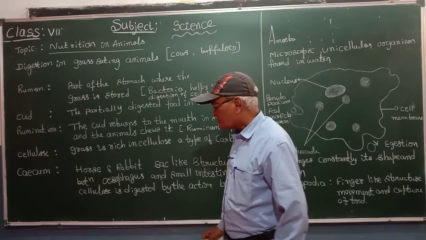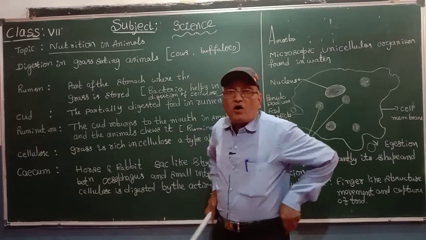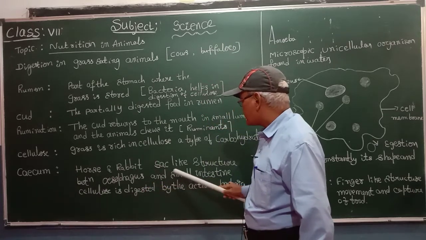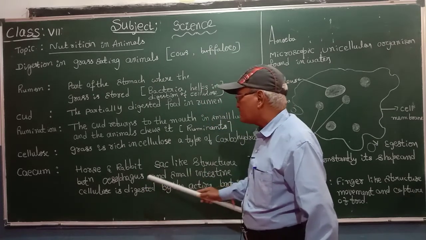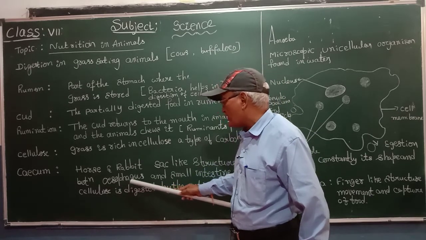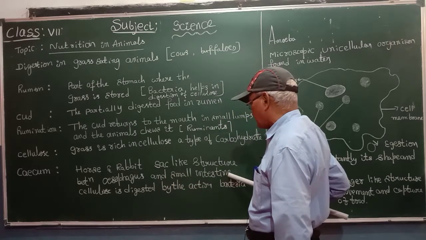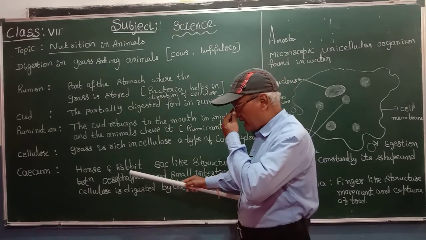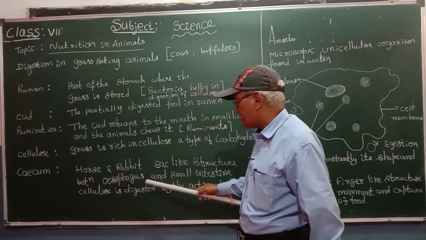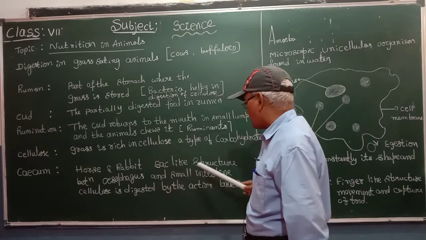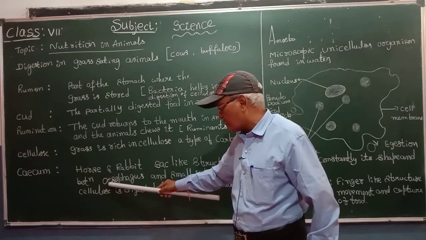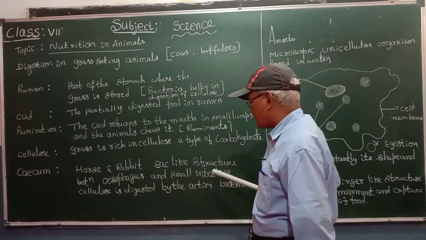Next, some animals like horse and rabbit have a sac-like structure between the compartments of the digestive system, the esophagus and small intestine.